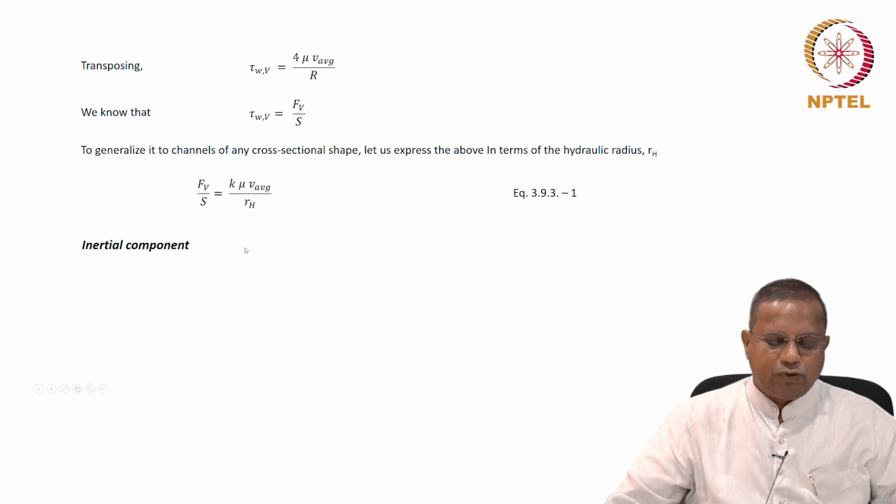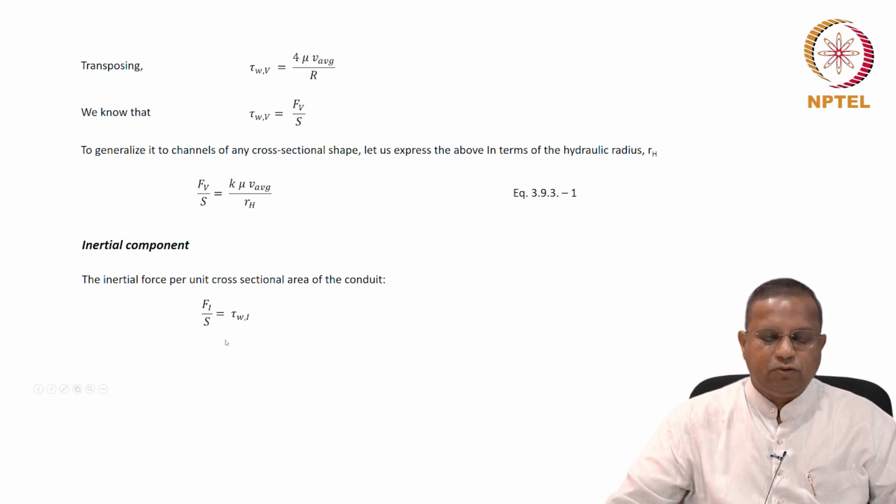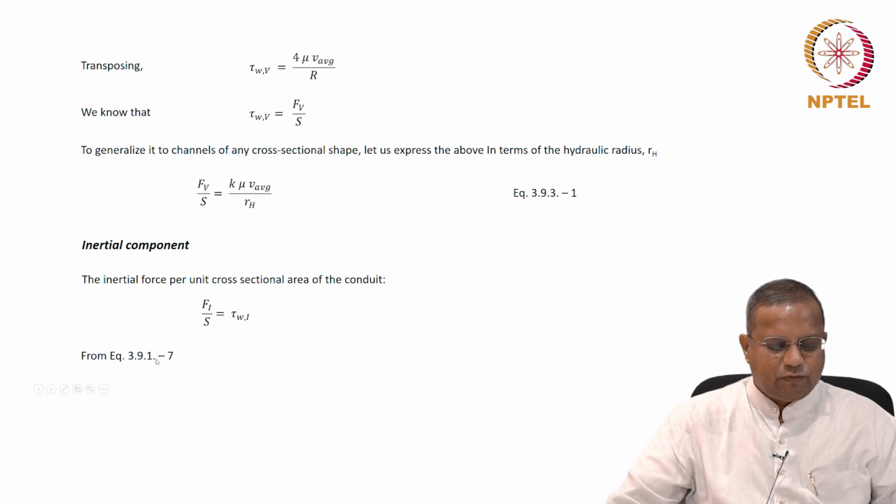For the inertial component, the inertial force per unit cross-sectional area of the conduit is Fi by S, that is tau wi, the inertial component. From 3.9.1-7, you go back and check what that is.